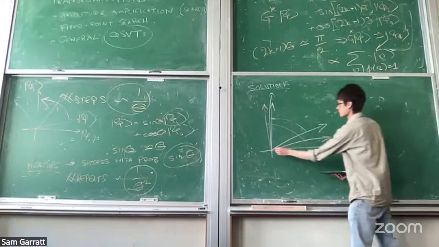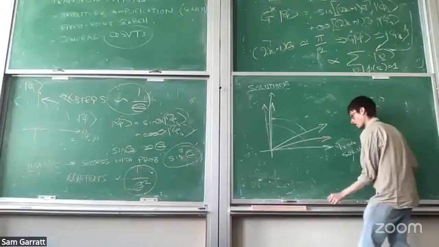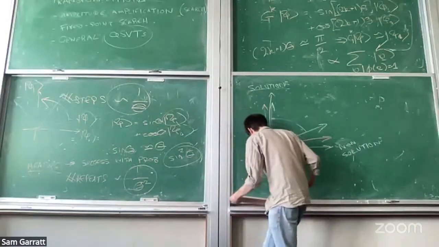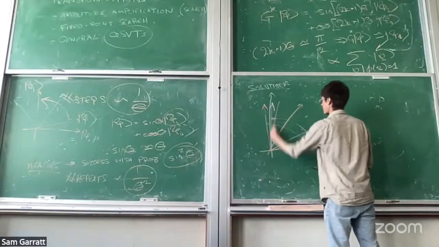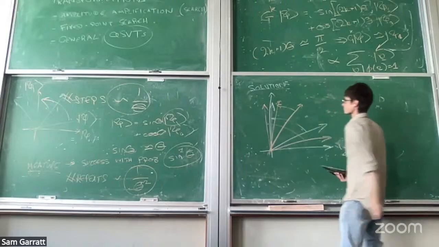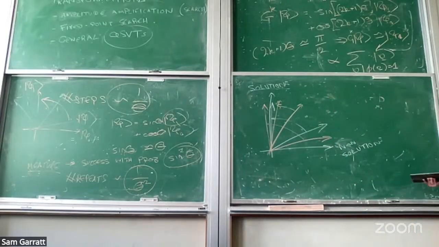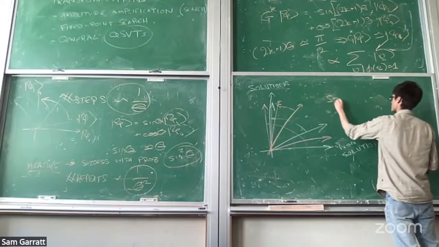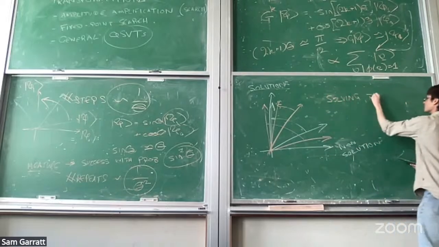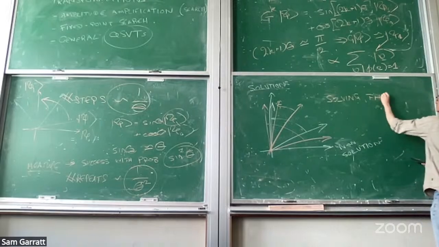Similarly, if there are loads of solutions, again, we would like to end up here. Okay? So this is solving the souffle problem.